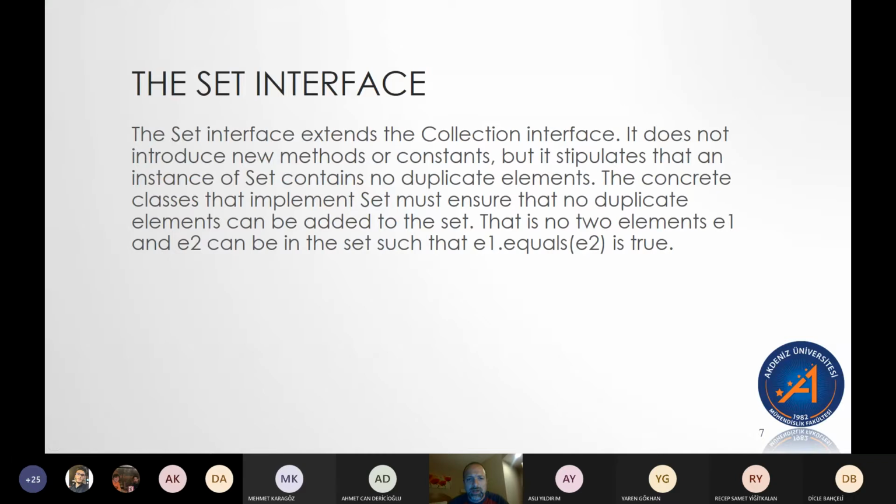Now, the main thing to remember is that if e1.equals(e2) is true, then no two elements e1 and e2 can both be in the set. Now, if the equals method is not overridden, so if you don't have a way to compare two objects of the same type, whatever you're creating, then what does the equals method do by default?